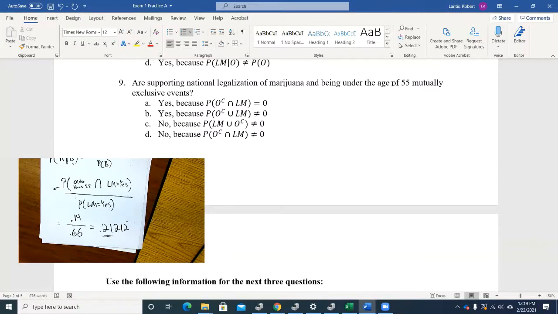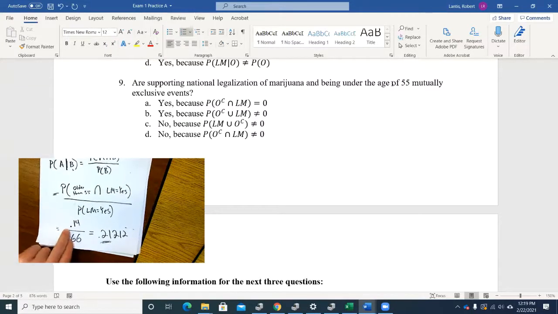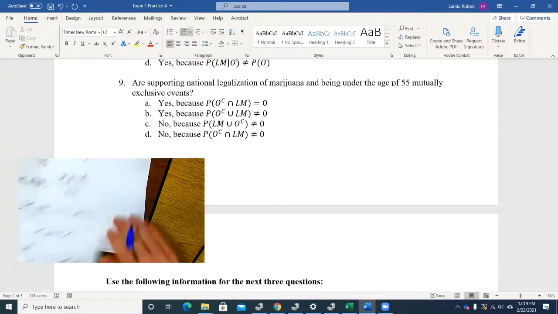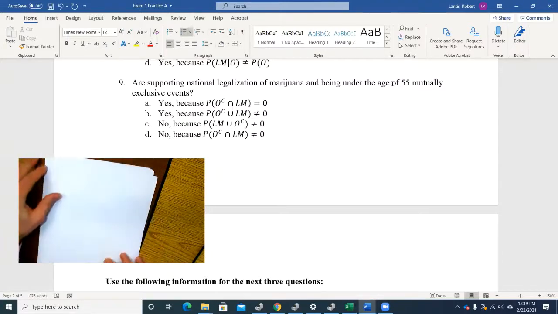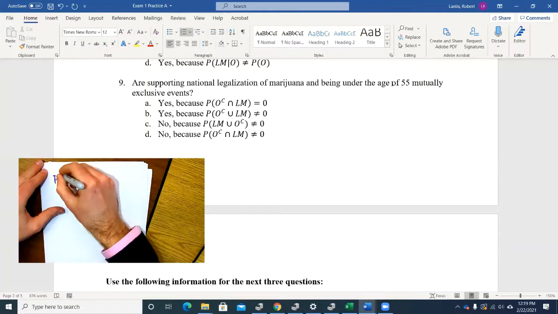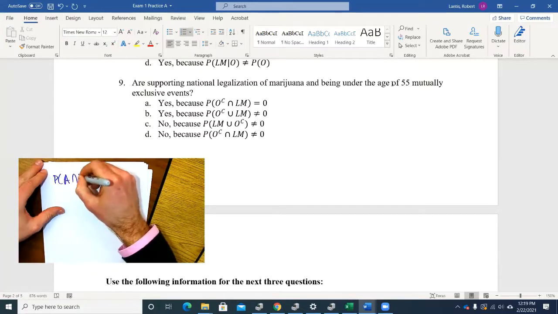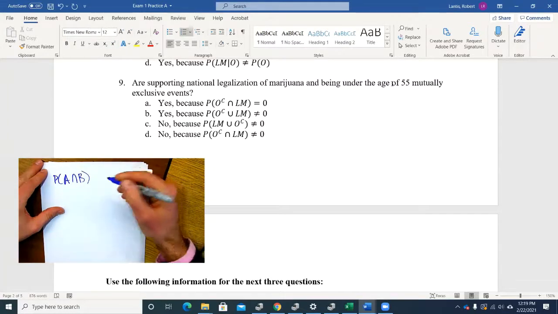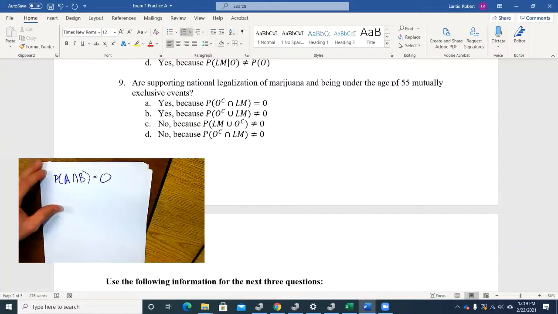The probability of seeing both of them happen at the same time would be never, which is a probability of 0, right? So we're thinking about the definition of mutually exclusive, just more generally, not in the context of this example: the probability of the intersection of those events has to be equal to 0.